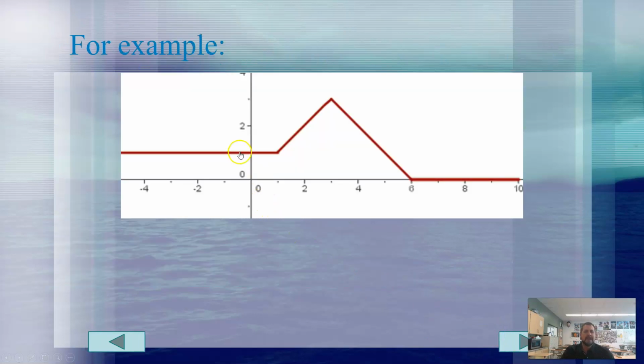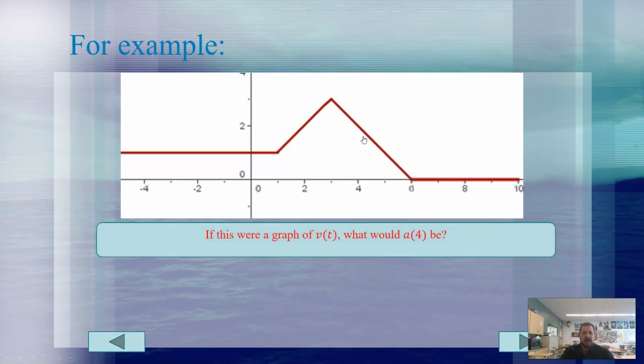So here's an example. Let's say this is a velocity graph. If this graph were v of t, what would a of 4 be? What that's asking is, what is the derivative at time equals 4? I can see this point right here is (3, 3), and this point down here is (6, 0).